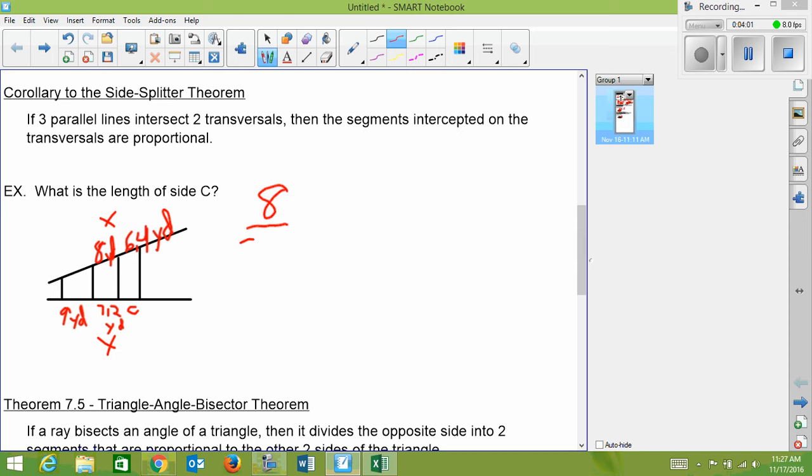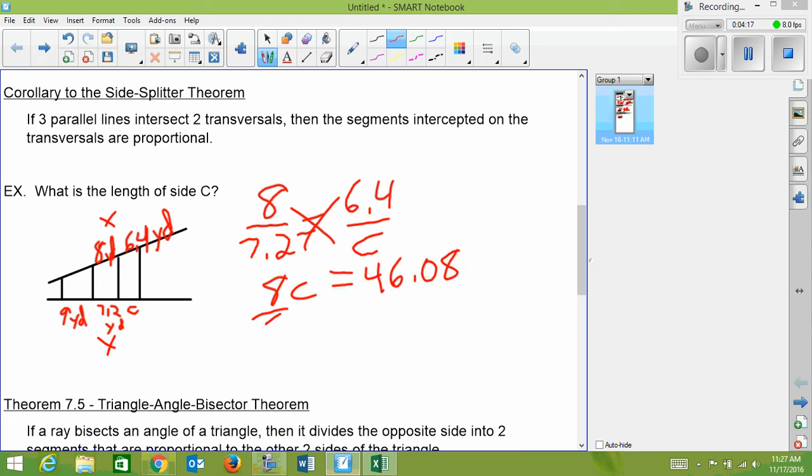So 8 over 7.2 is going to equal 6.4 over C. And then I just have to crisscross. So 8C equals 7.2 times 6.4, which is 46.08. And then I'm just going to divide by 8 for my last step. So my C equals 5.76 yards.